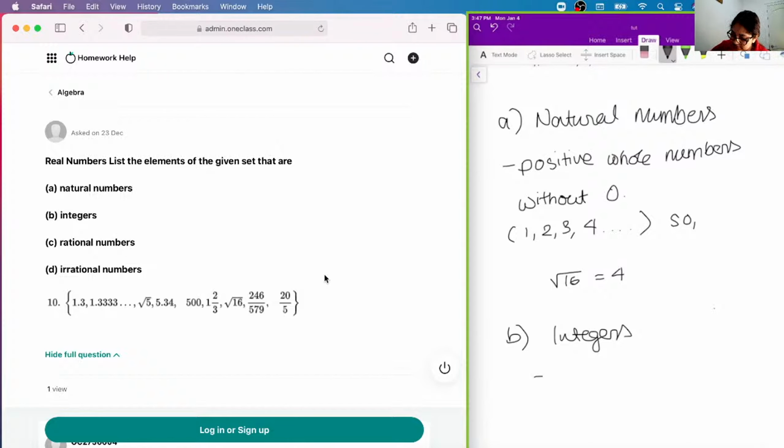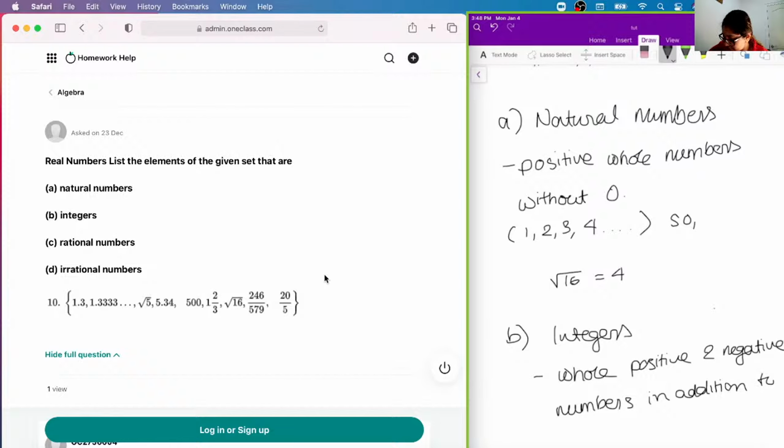So these are whole, positive, and negative numbers in addition to 0.